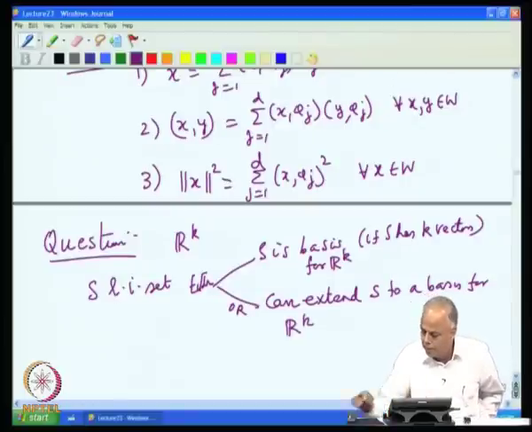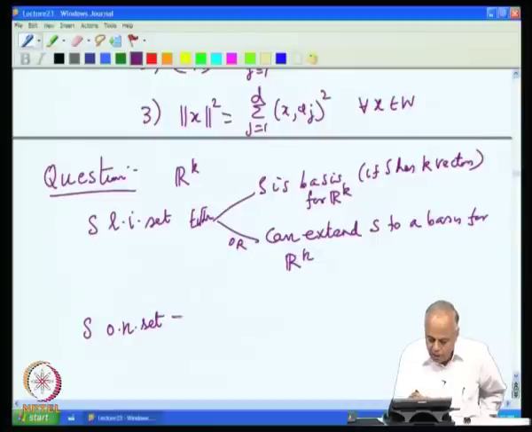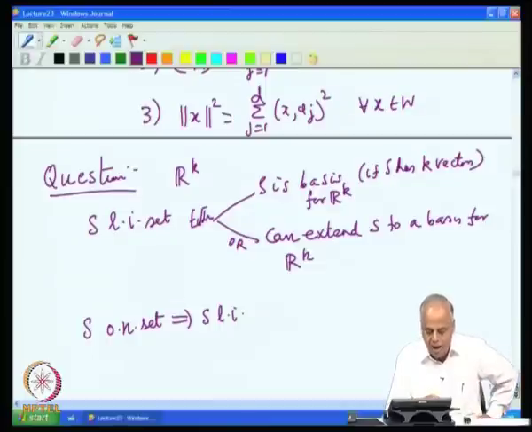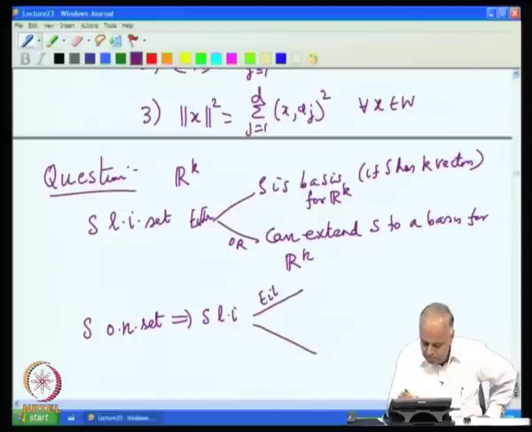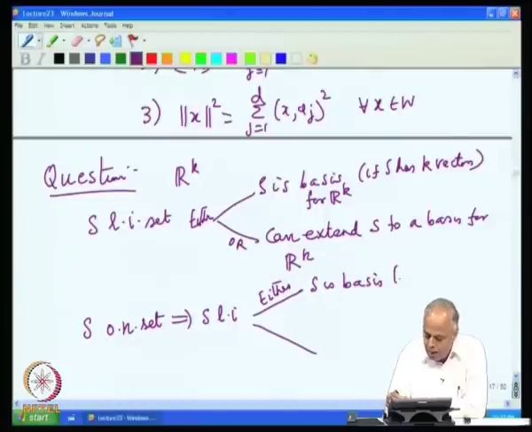Now, if we start with S an orthonormal set, we have seen that S is linearly independent, and therefore, either S is a basis, and this will happen if S has k vectors as observed. Now, if it is a basis, it is already orthonormal and therefore an orthonormal basis.